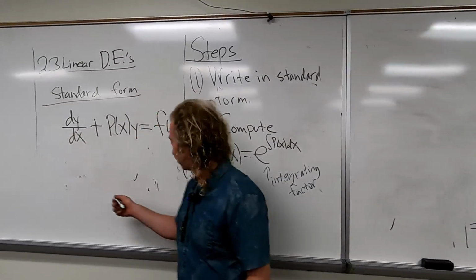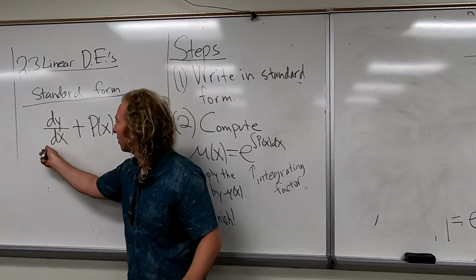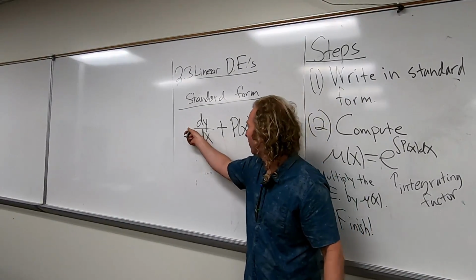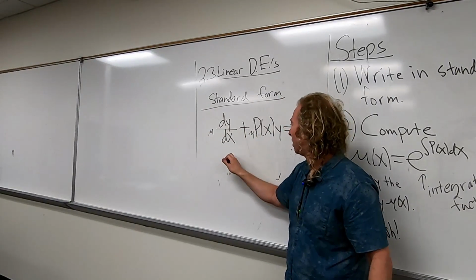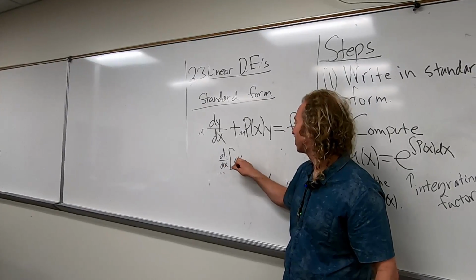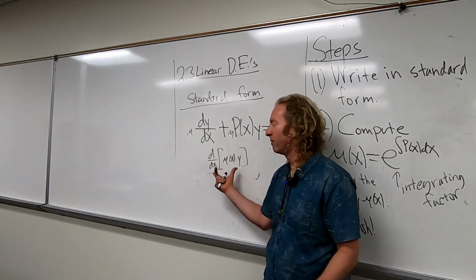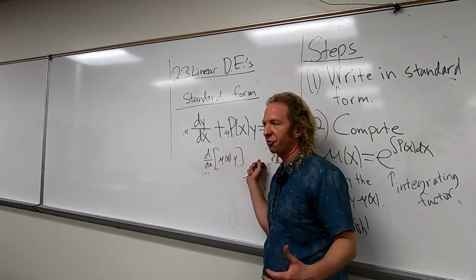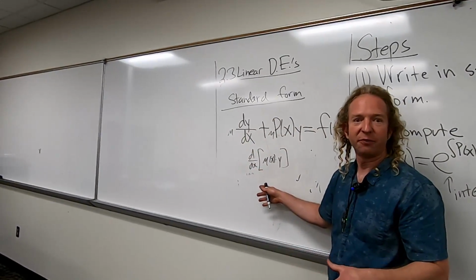When you multiply by mu of x, this whole left side will always become d/dx of mu of x times y, every single time. It will magically become this via the product rule. Then you'll just integrate both sides and you'll finish.